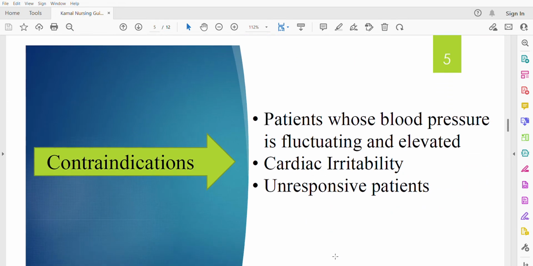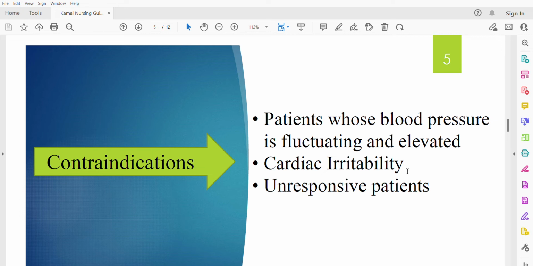And what are the contraindications? When we can't administer drugs to the patient by inhalation, or can't provide the nebulizer therapy to the patient. If the patient's blood pressure is fluctuating, meaning it is elevating or decreasing, then we can't provide nebulizer therapy to those kinds of patients.